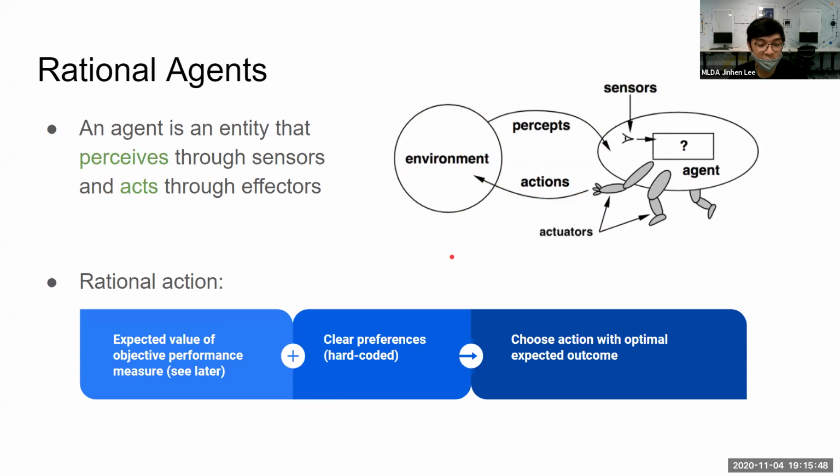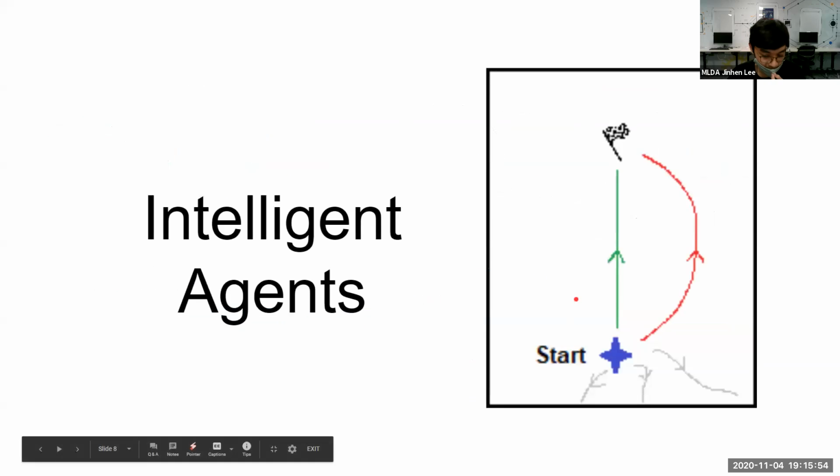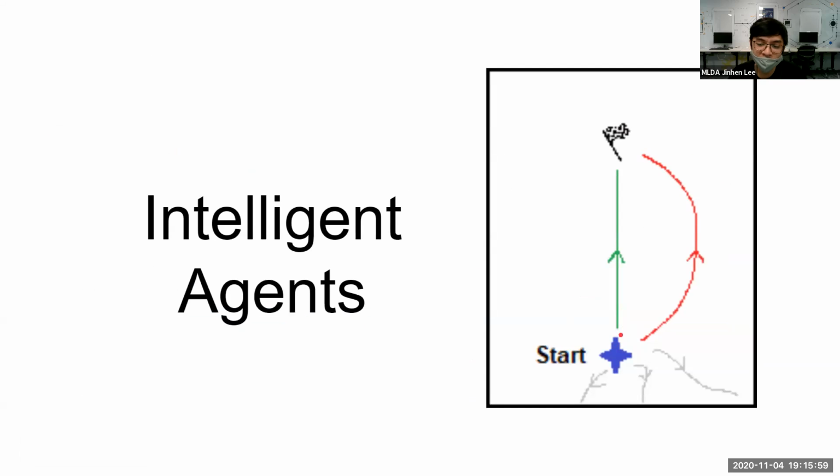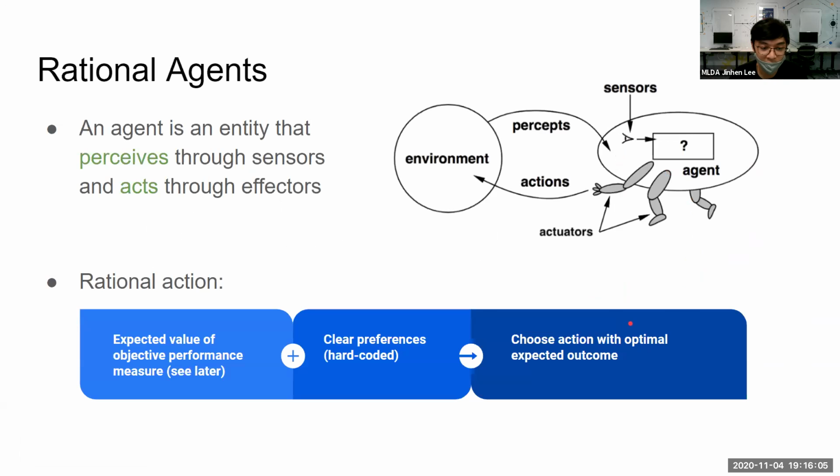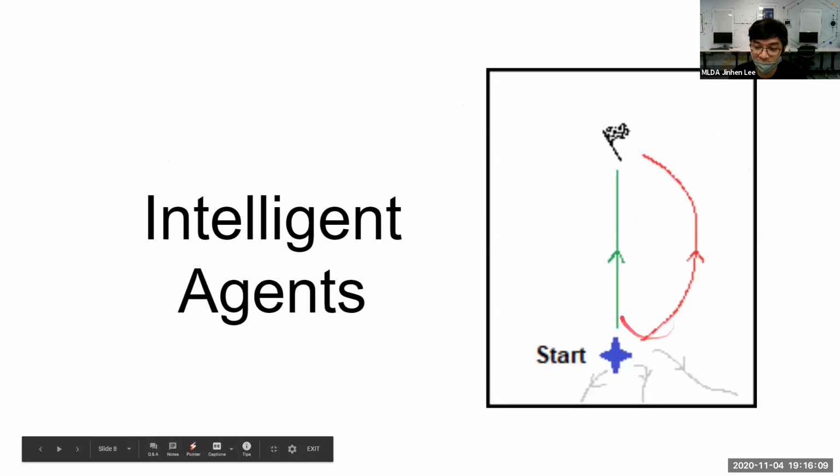What constitutes a rational action is that we measure some performance measure. In this case, maybe the performance measure is the distance traversed. Since this is the shortest, maybe we can try to minimize that, and also have clear preferences. Again, we refer back to this.